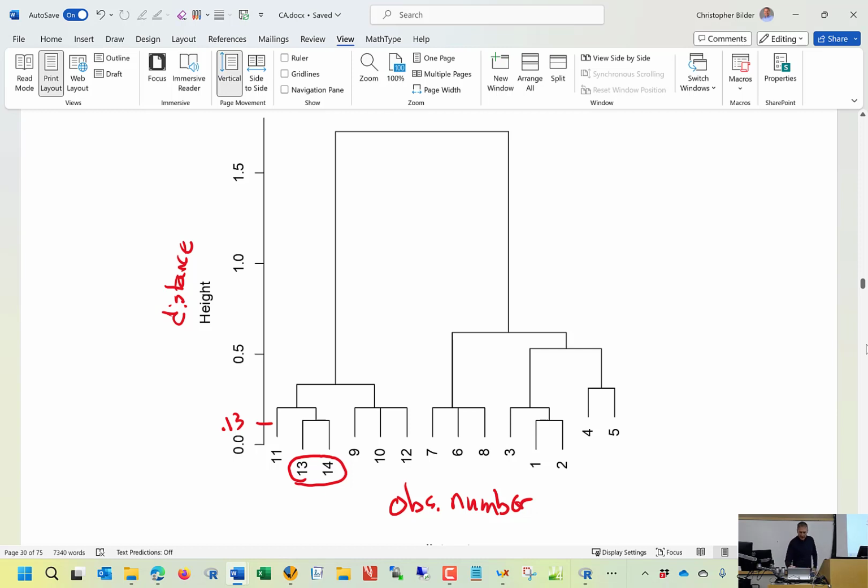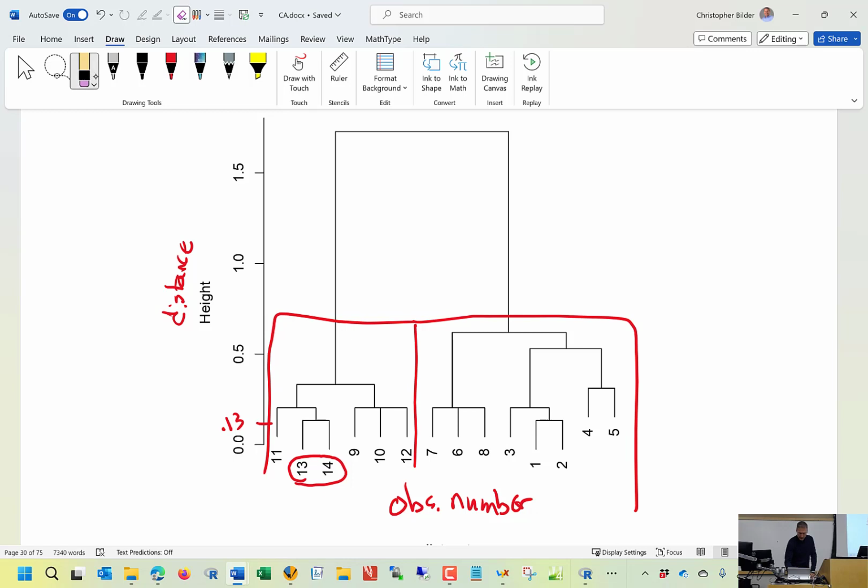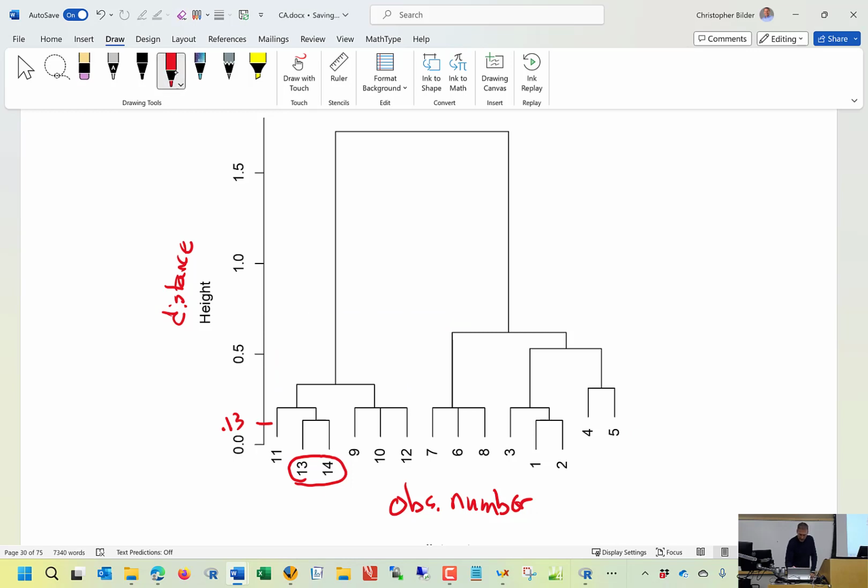And so we can see that when I go from, let's say, two clusters, so maybe I have this here, when I have two clusters, now that distance becomes really, really big. In fact, let me draw it a different way. So I'm looking at this distance. Relatively to what we had before, that's huge.